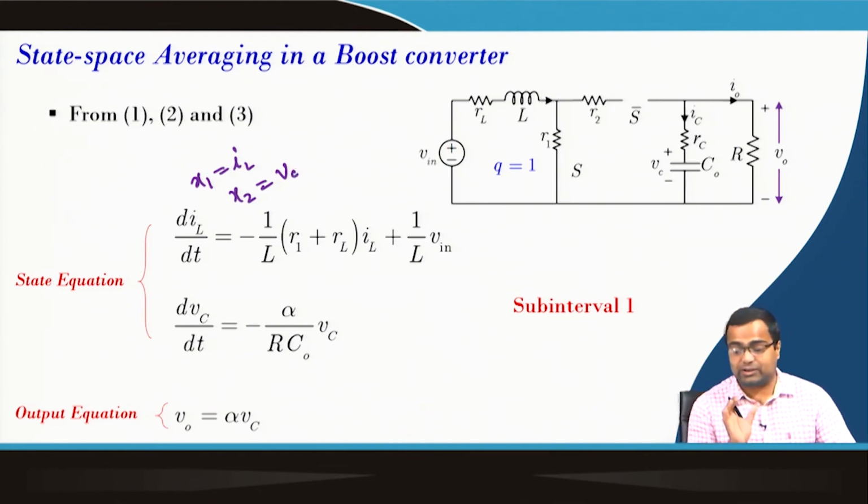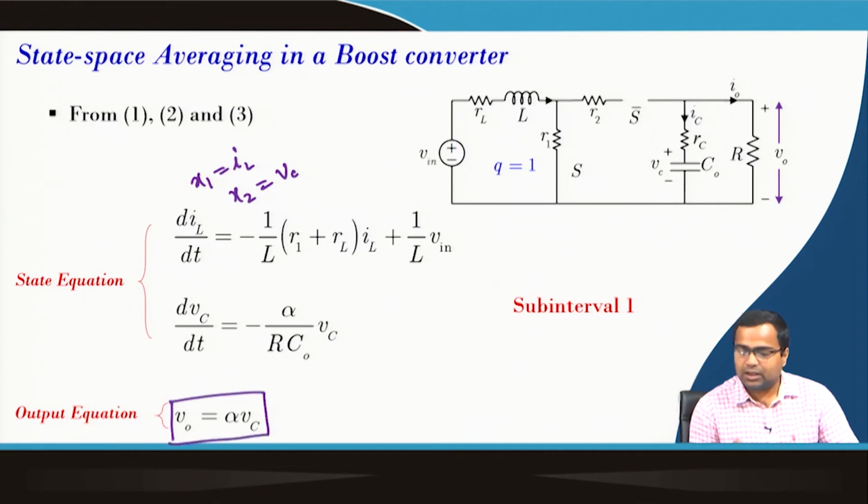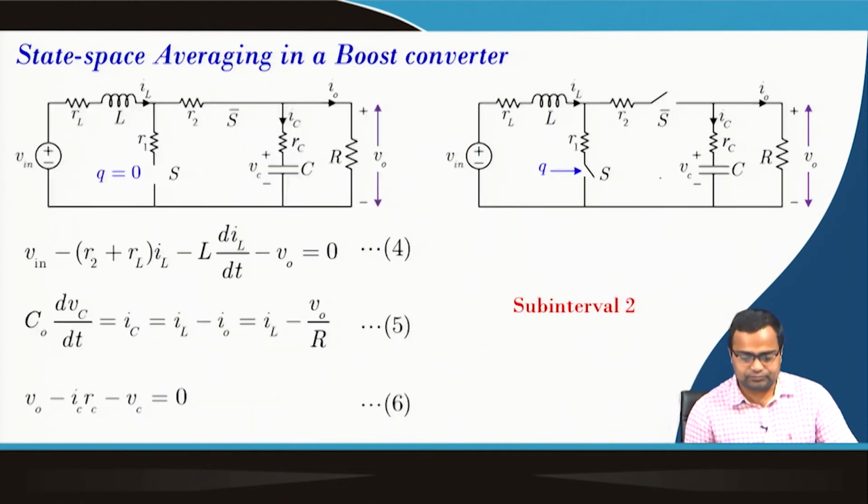This is for the mode 1 equation, and here is the output voltage equation. In this case the output voltage is not connected to the inductor current, it is connected to the capacitor, and the capacitor is discharged by the load current.